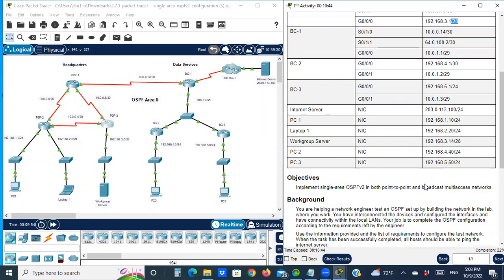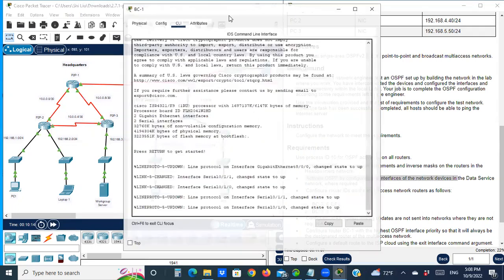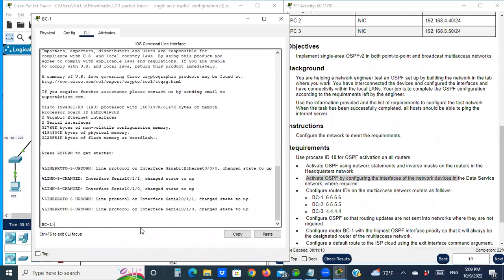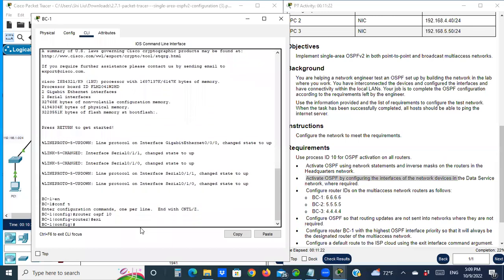So the headquarters network is done. Next is to activate OSPF by configuring the interfaces of the network devices in the data service network. We need to configure OSPF on the interface, so we start from BC1. Enable, configure terminal, router OSPF 10 activated. Then go to the interface.